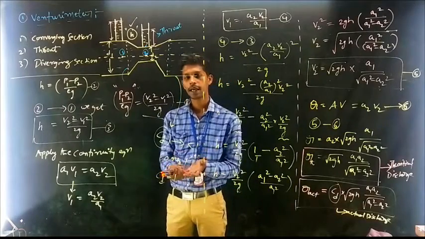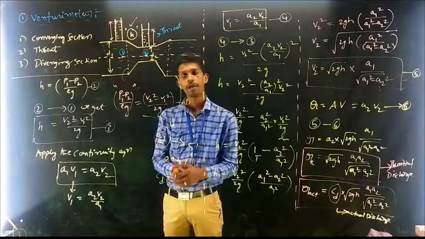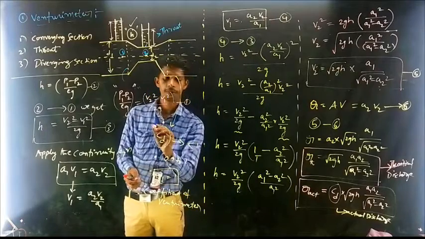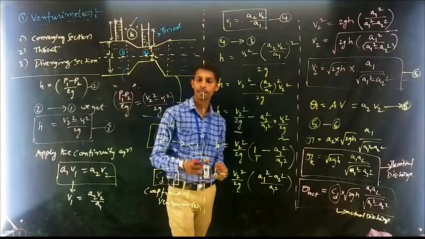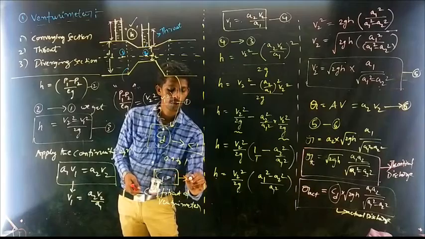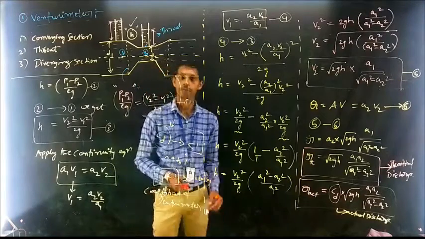Basically we will take 0.98, 0.94, 0.92, based upon the losses. So what is the CD value? The coefficient of venturimeter value. It is less than 1 by considering the losses, and if there are no losses, the CD value will be equal to 1.